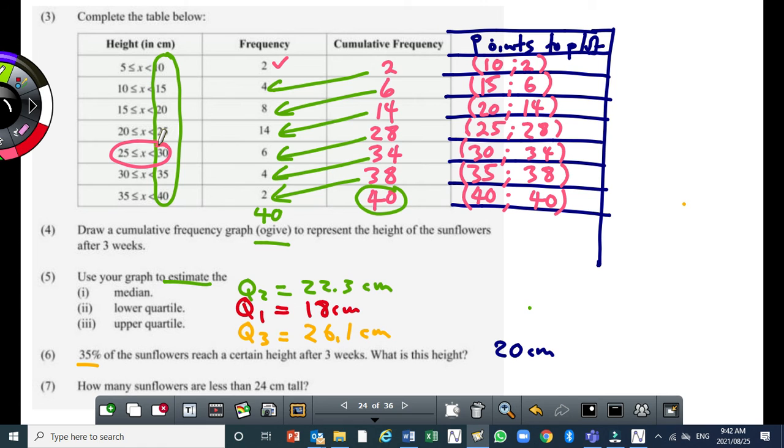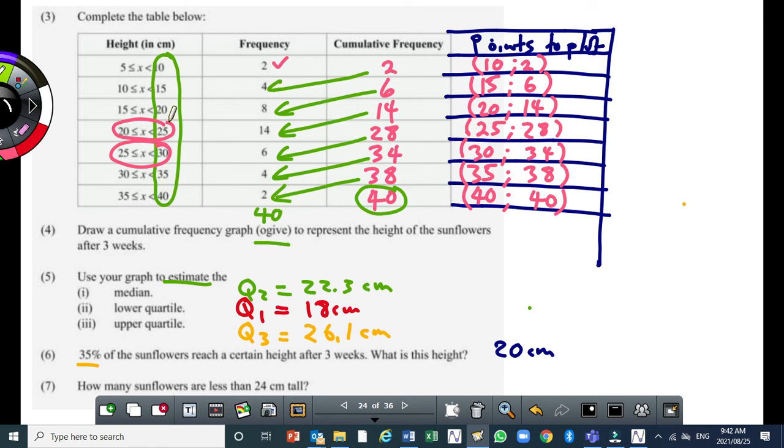So you count 2 plus 4 plus 8, that's 14, and 14 plus 14 will give you 28.